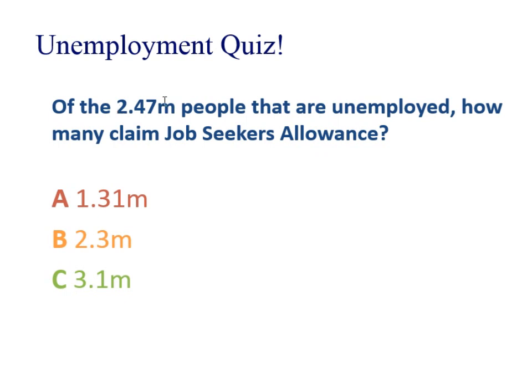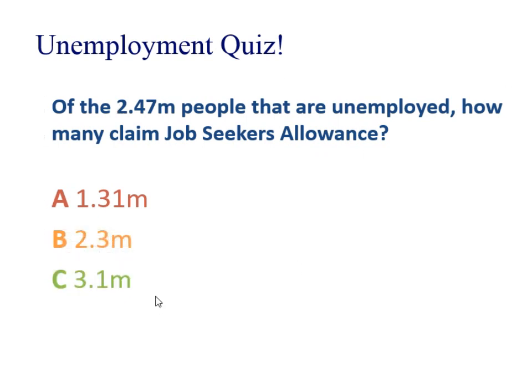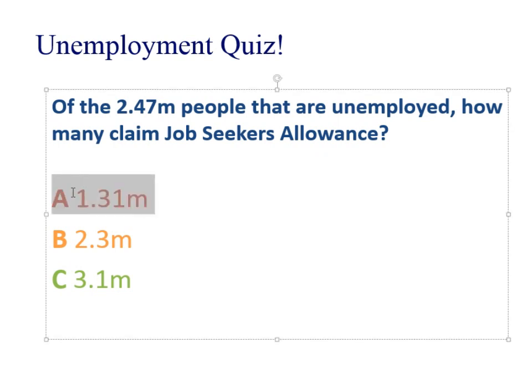And my students actually guessed this number. So they were saying, oh, there's fraud, more people are claiming job seekers allowance. Now, regardless of what you read in some trashy newspaper or what Katie Hopkins is saying on TV, it's actually this number. So far fewer people claim job seekers allowance than are actually unemployed.